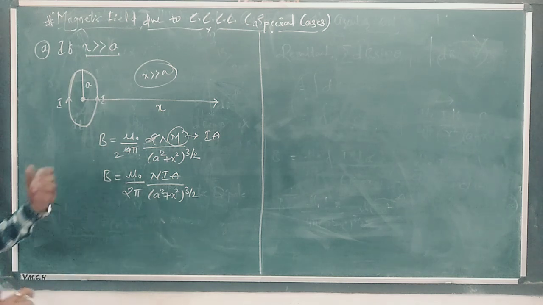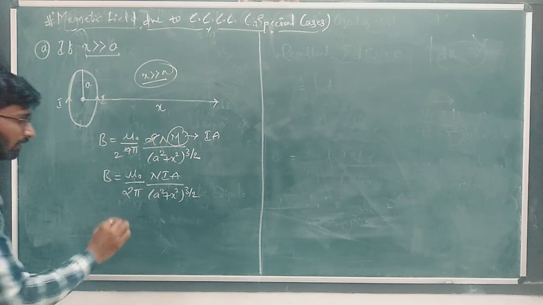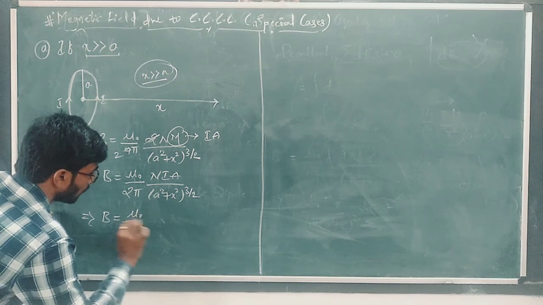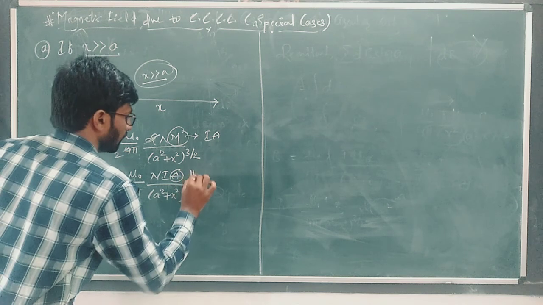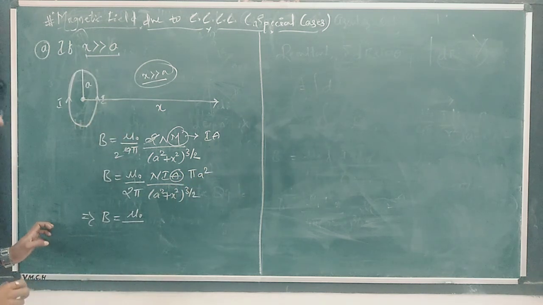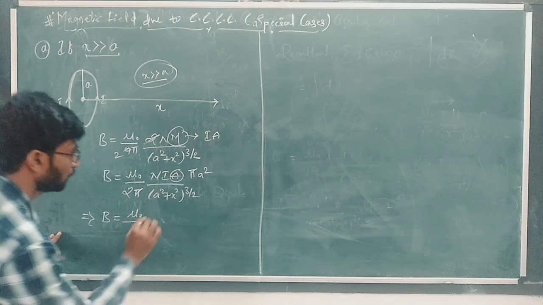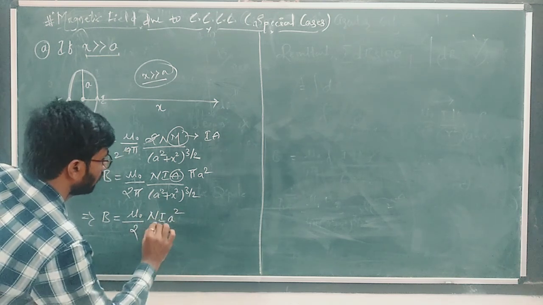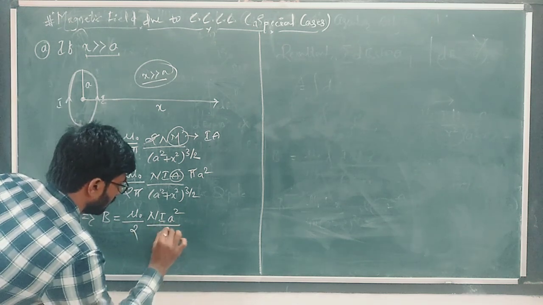Already we know that x is greater than a, so I can rewrite this expression. Substituting A as pi a square, pi cancels, and we are left with mu naught by 2 into N I a square divided by x square.